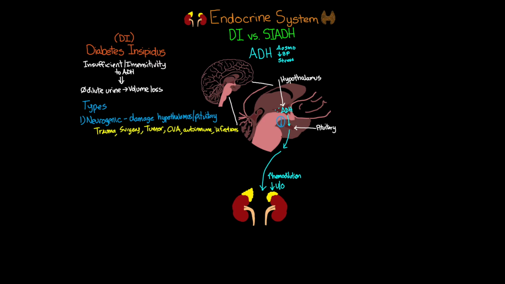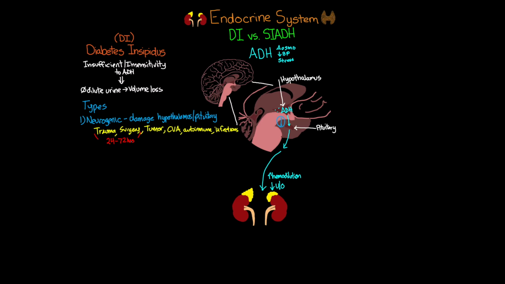And this would be things like TB, syphilis, or any sort of CNS infection can have this effect as well. Or it can even be an idiopathic cause. But I do want to point out that in the cases of trauma and brain surgery, that DI is typically not going to present itself for at least 24 to 72 hours.